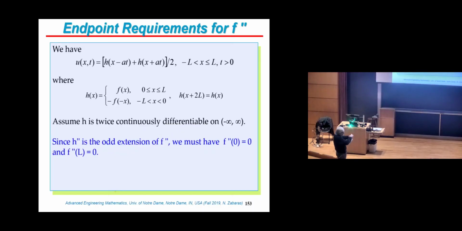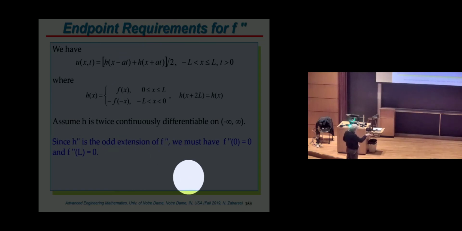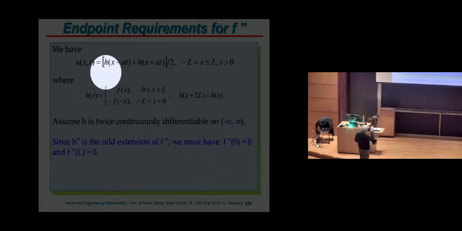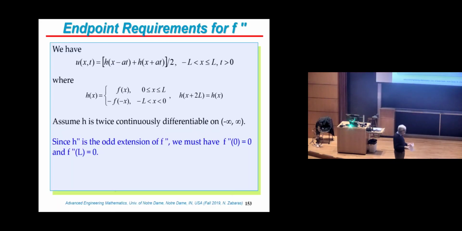But if you have a displacement of the string that is a smooth one, differentiable with these boundary conditions, then u is twice differentiable, and actually you can plug it in the equation, and everything is taken care of. Now, let me just say, if it happens that these conditions are not satisfied, this equation on the top is still a nice solution to the wave equation, but it will have some singularities. So at some points, maybe the solution is not quite right, okay? But for engineers, it will still be a right solution.